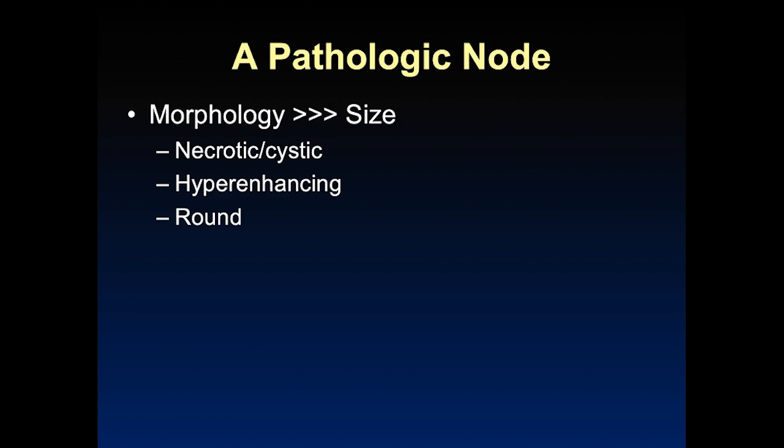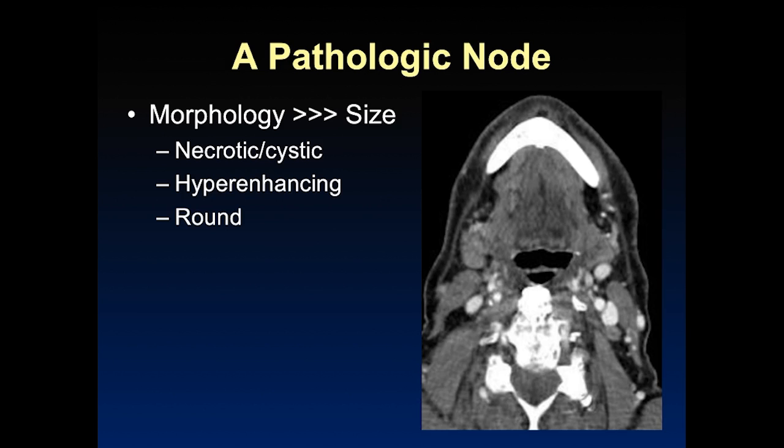So morphology in terms of if you have anything necrotic or cystic, if you have a hyperenhancing node, or if you have a round node rather than the nice kidney or reniform shaped node, those are all going to raise alarm bells in your head on whether or not this could potentially constitute a pathologic node.